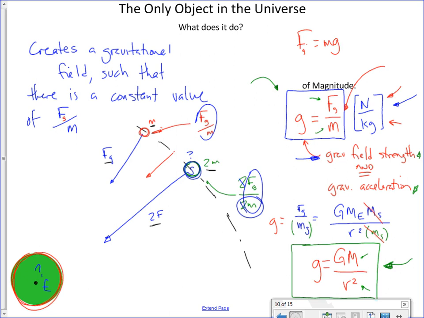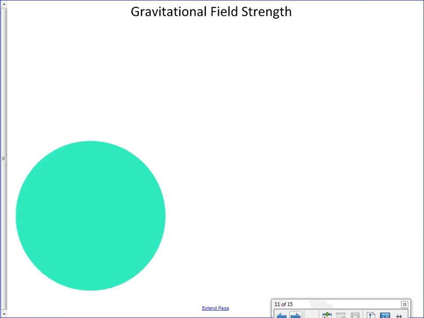All right? So let's look at a couple of specific cases. This is planet P. Planet P has a radius R_P, capital R, special radius.